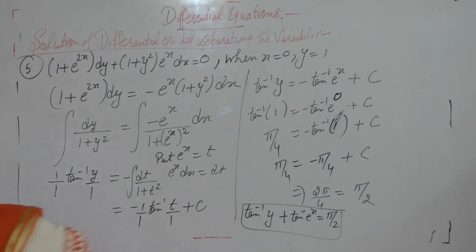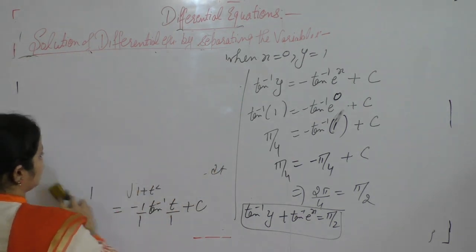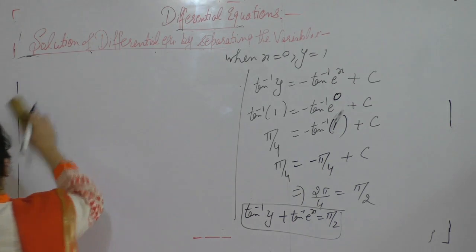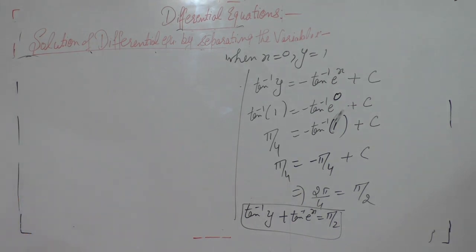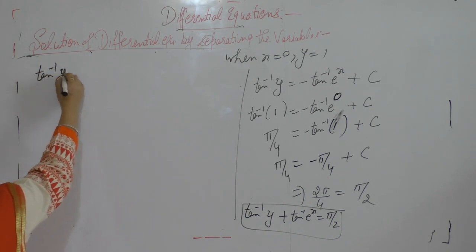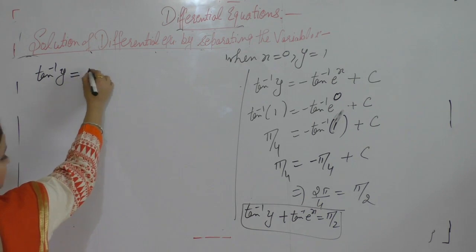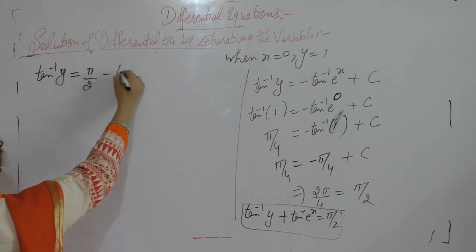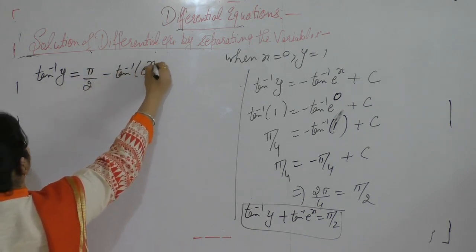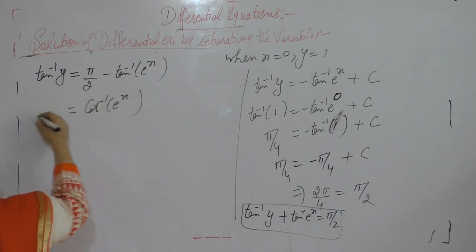Now we know there is one identity, tan inverse x plus cot inverse x is equal to pi by 2. So we can write it as tan inverse y is equal to pi by 2 minus tan inverse e^x, which is equal to cot inverse e^x.